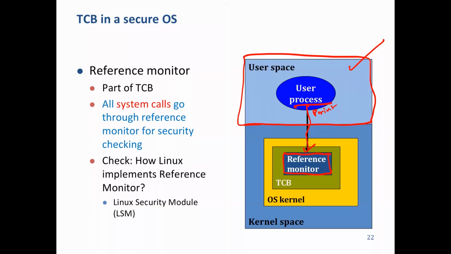We call this a system call in the OS. So corresponding to printing, there can be a system call, and it will go to the reference monitor, and this reference monitor is part of the TCB. Actually, we can say this is the TCB. Then we will check the validity, whether the system call is valid or not, whether the parameters are valid or not, and all that. Okay. All right.